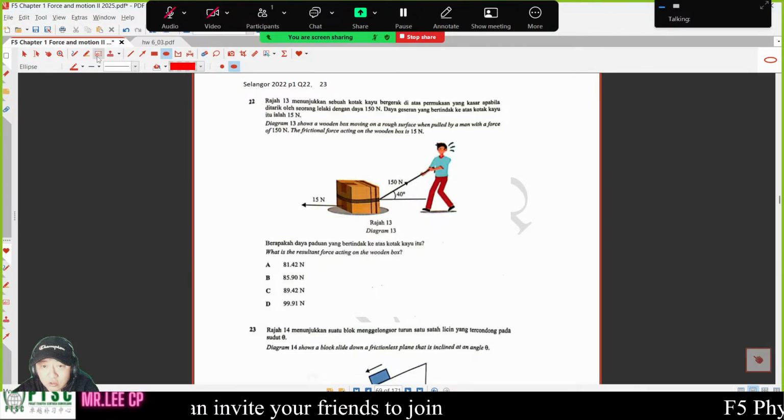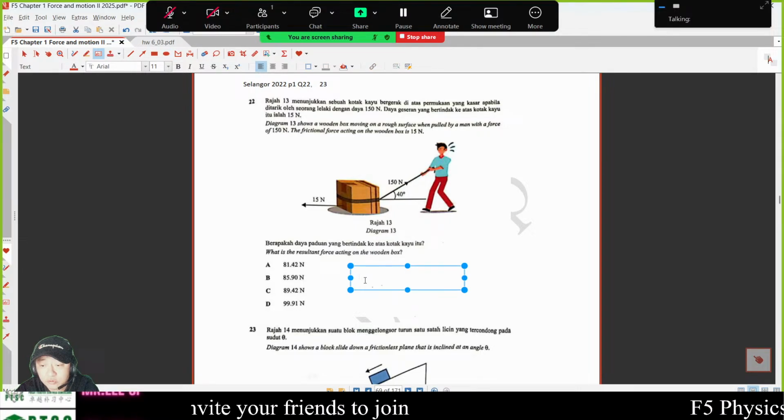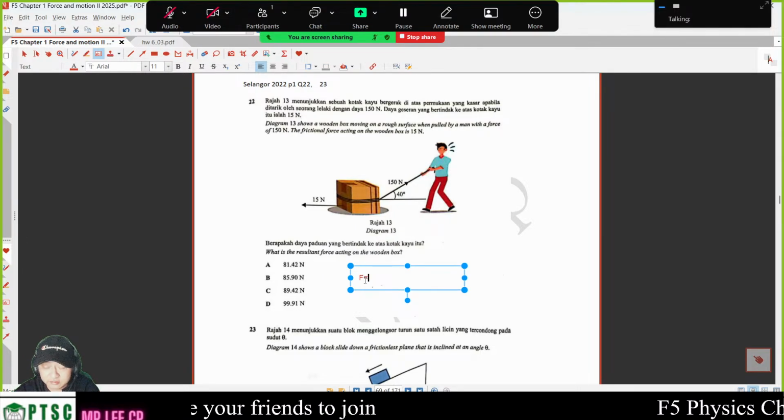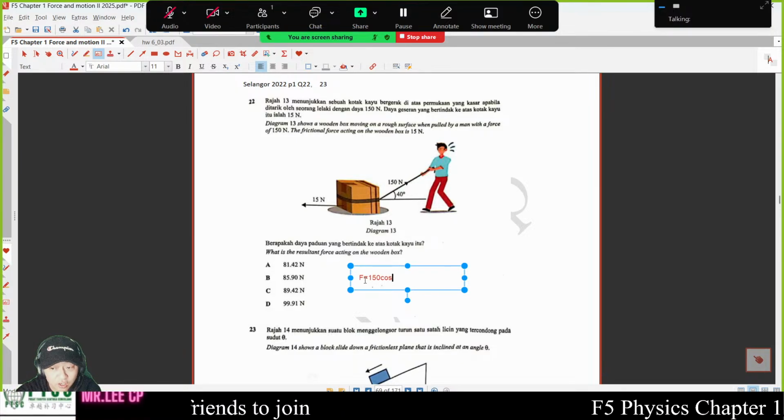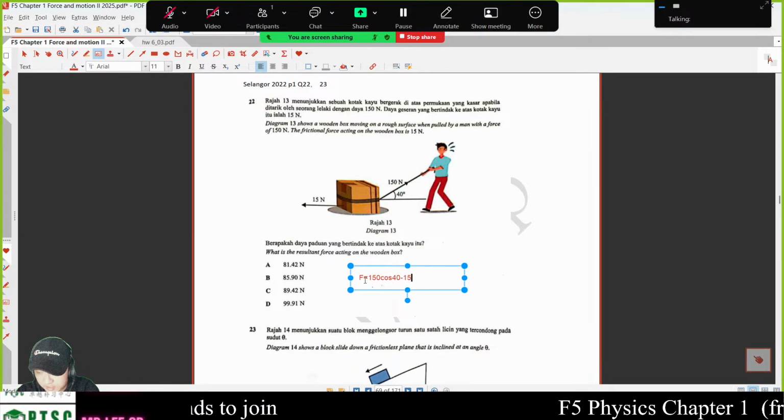They want the resultant force. They don't want to calculate acceleration. So the resultant force is 150 cos 40 minus 15.